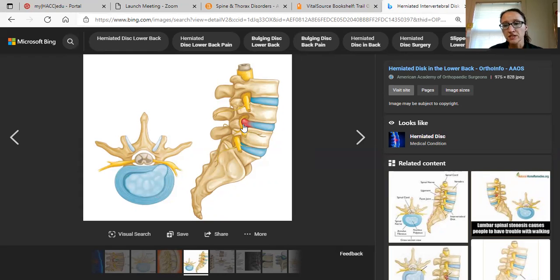Sometimes it'll bulge posteriorly, sometimes it'll bulge anteriorly. It depends on where that bulge is or where that squished bit is as to whether or not you have any symptoms. Because obviously you're going to have symptoms if it's pushing into the nerve root. It's going to hurt the nerve root. You're going to feel that. If it's pushing anteriorly, you might not, okay? But that's the idea of herniation or a bulge.